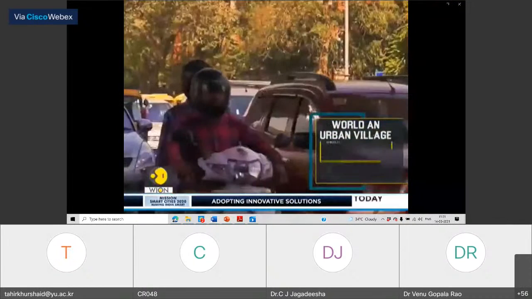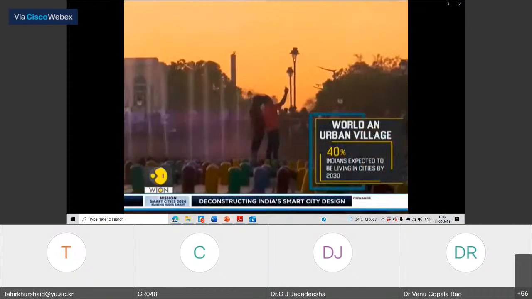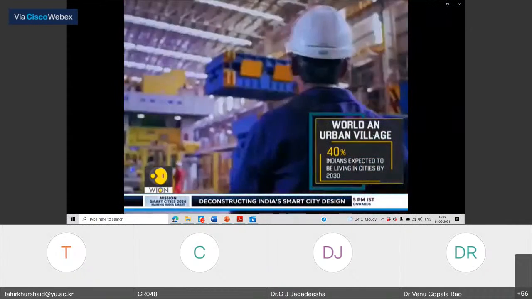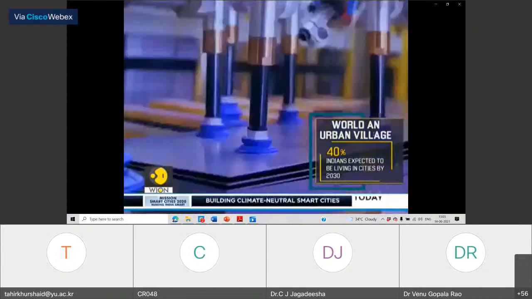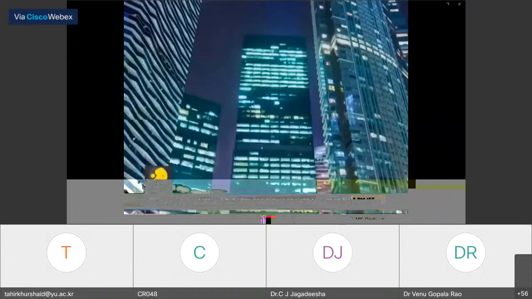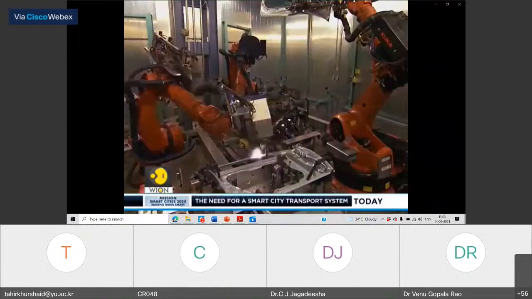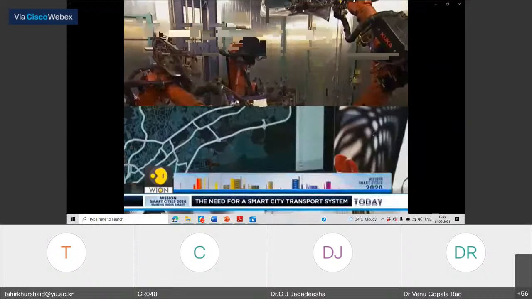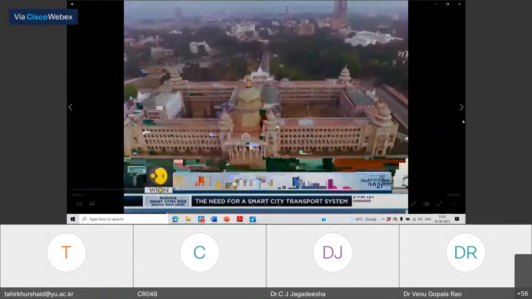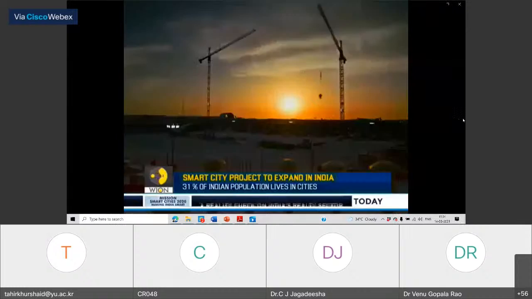By 2030, 40% of the Indian population would live in cities, contributing 75% of the GDP. Hence, cities will continue to be the engine of growth, productivity, innovation and creativity of the modern world. It then becomes important for India to reorganize its urban space.